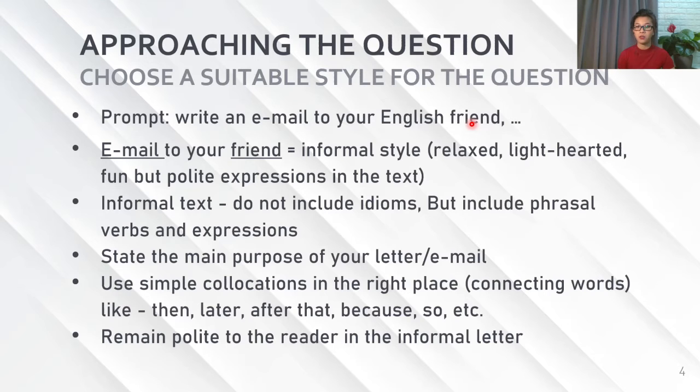Your email to your friend must have an informal style. That means you have to put in expressions which show your relaxation, your openness towards them, and your lightheartedness with each other, in the flow of the communication. These are informal styles when you are writing an email to your friend.